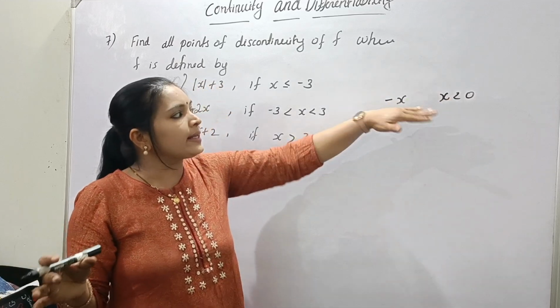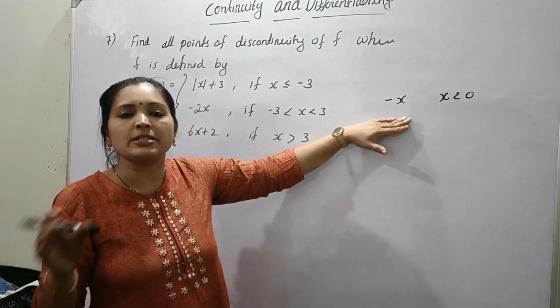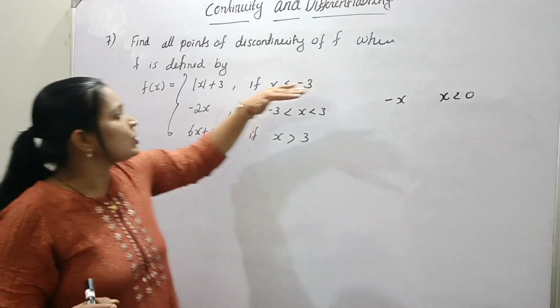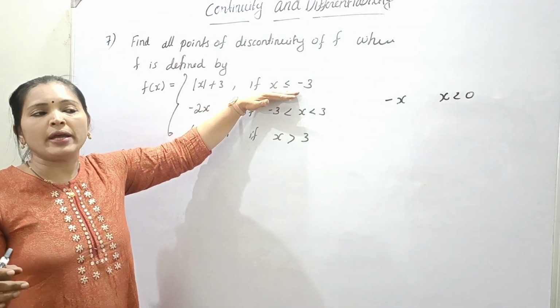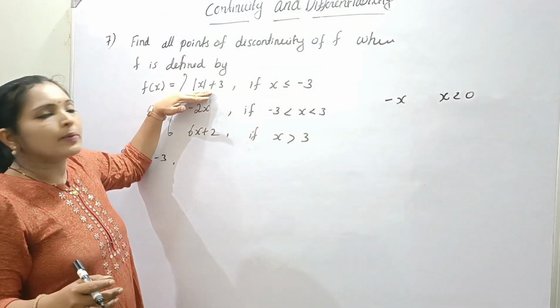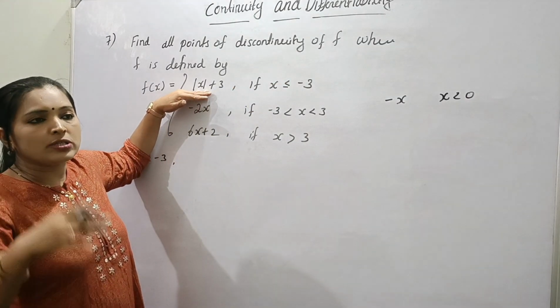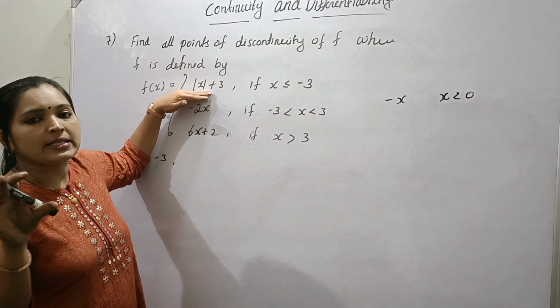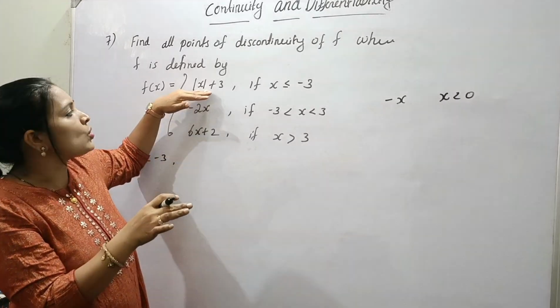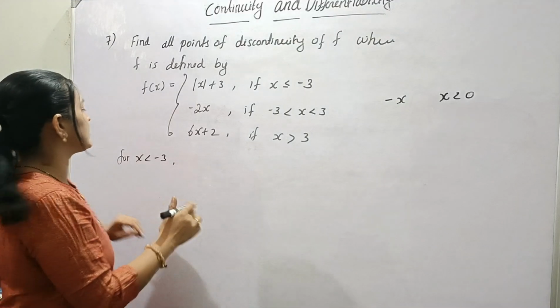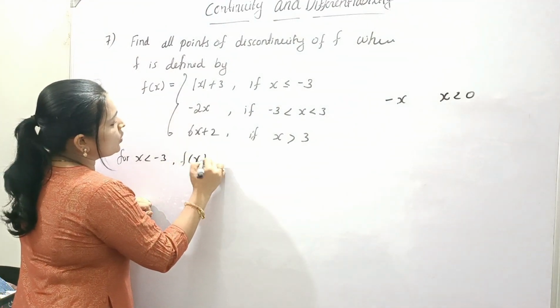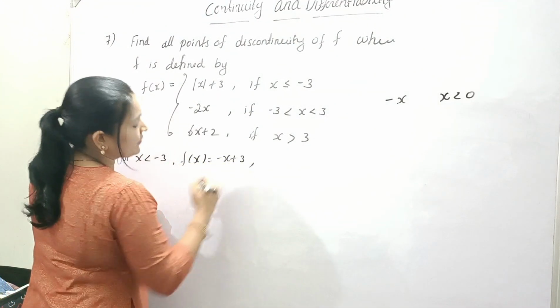So when x is less than minus 3, modulus x is minus x, and it will be minus x plus 3. F of x is equal to minus x plus 3.